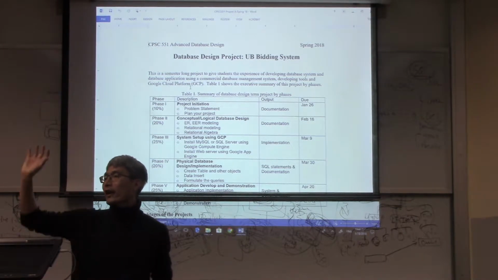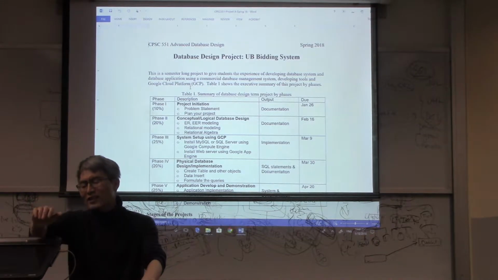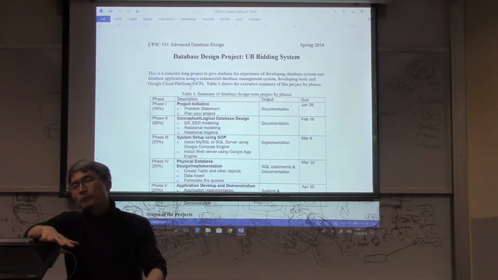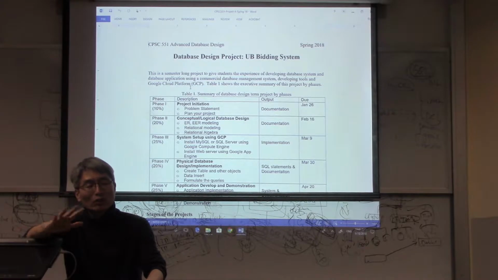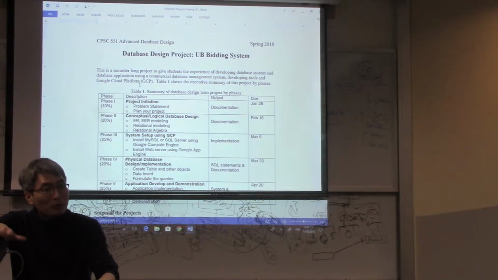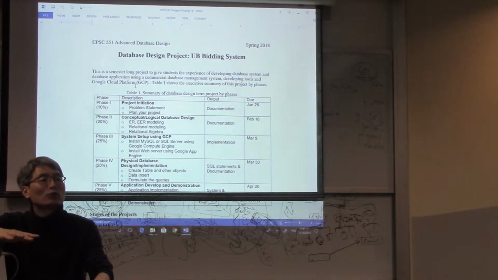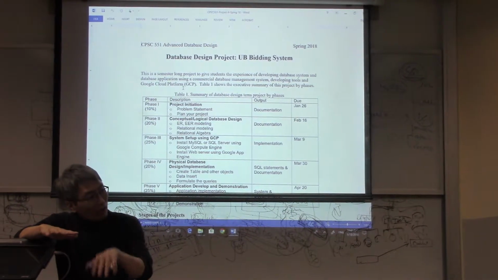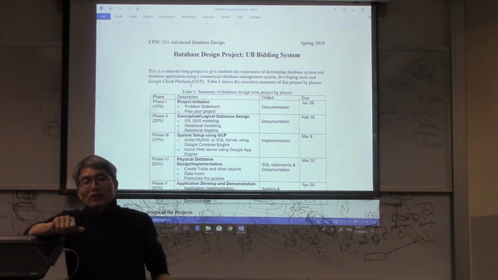Unfortunately, the UB account is a G Suite account, which means it's based on Gmail. However, UB IT service blocks the developer option, which means we cannot use the GCP using the UB account, unfortunately.